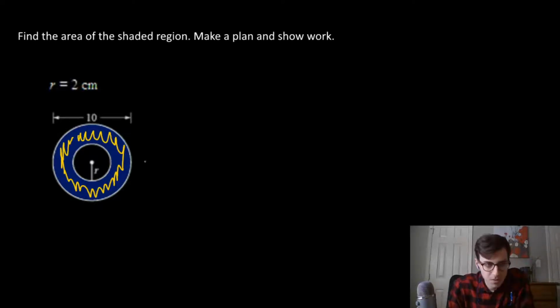So our plan, without even looking at any numbers, is that in order to find the shaded region, we need to find the area of the big circle.